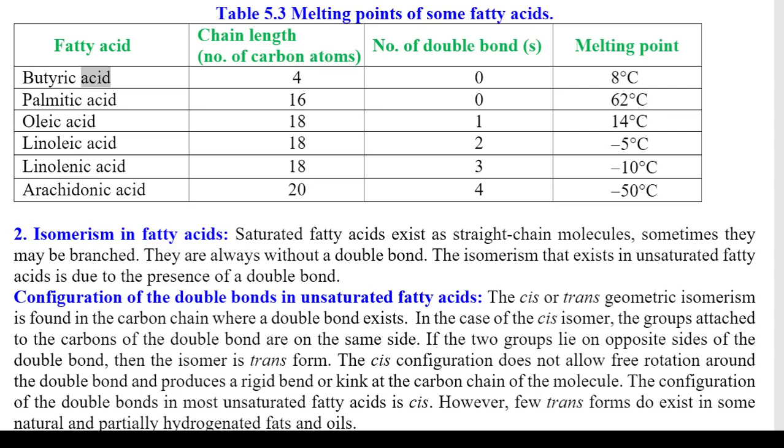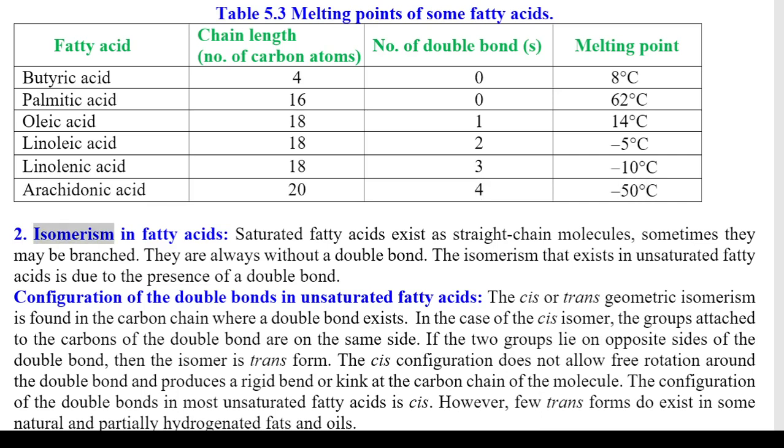Butyric acid, 4, 0, 8 degrees C. Palmitic acid, 16, 0, 62 degrees C. Oleic acid, 18, 1, 14 degrees C. Linoleic acid, 18, 2, 5 degrees C. Linolenic acid, 18, 3, 10 degrees C. Arachidonic acid, 20, 4, 50 degrees C.